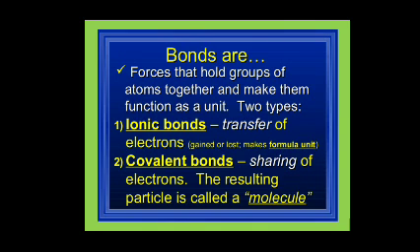A chemical bond formed by transfer of electrons between the atoms. By the transfer of electrons, one atom becomes a positively charged ion, another atom becomes a negatively charged ion. These oppositely charged ions attract together to form a chemical bond.